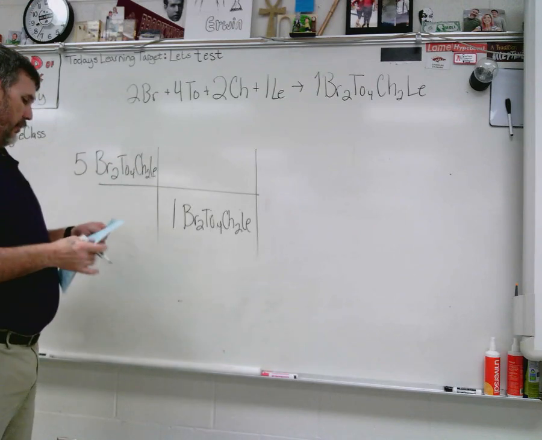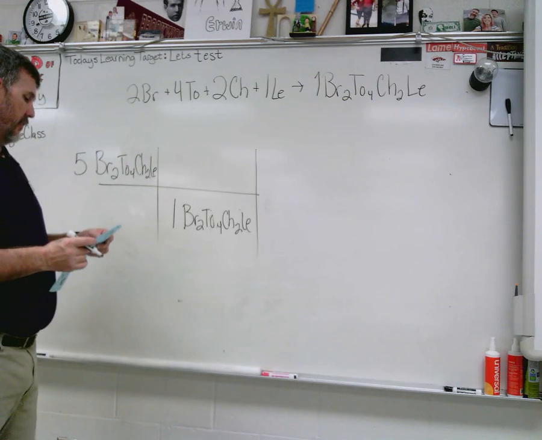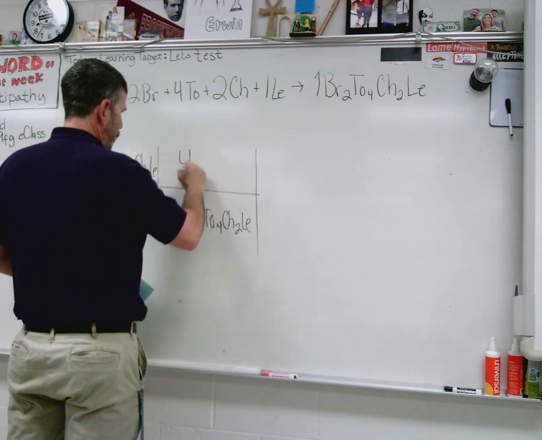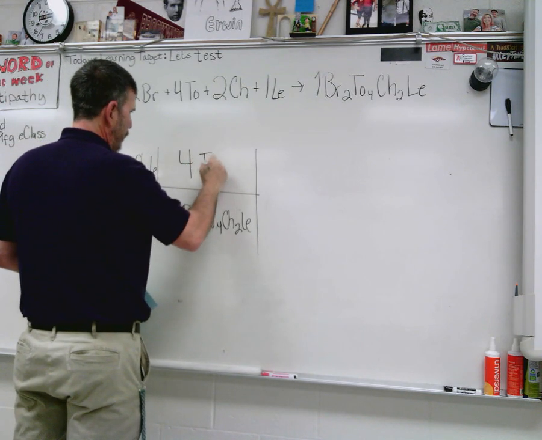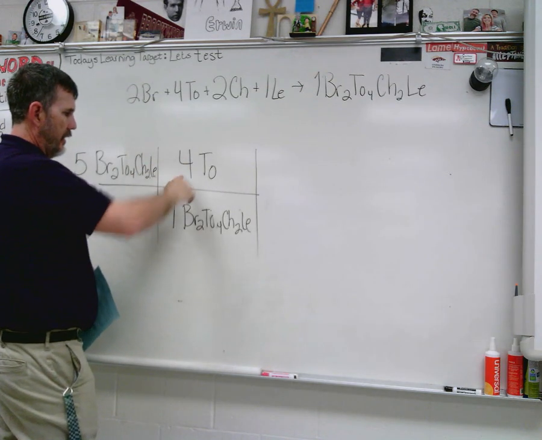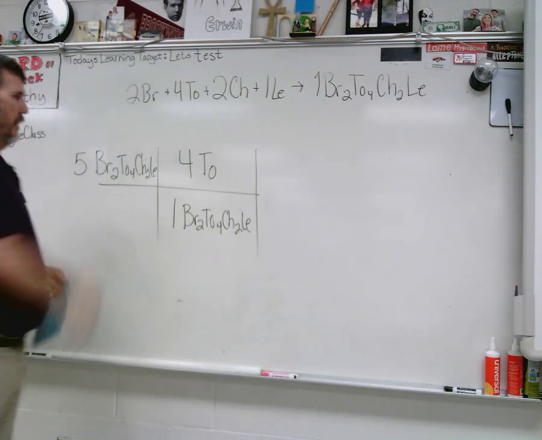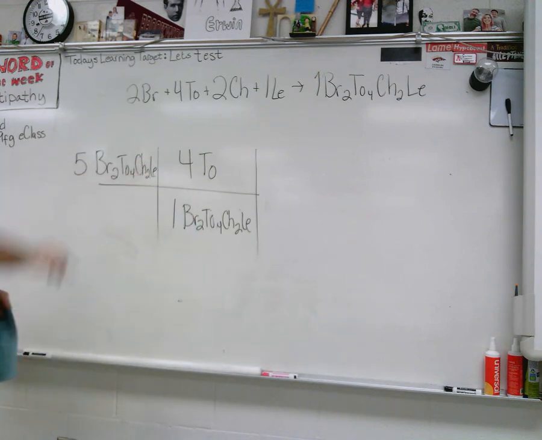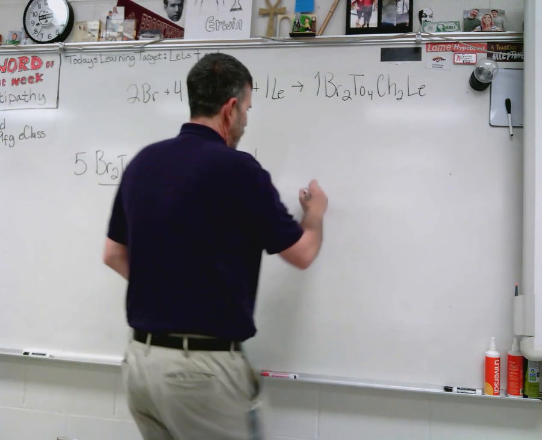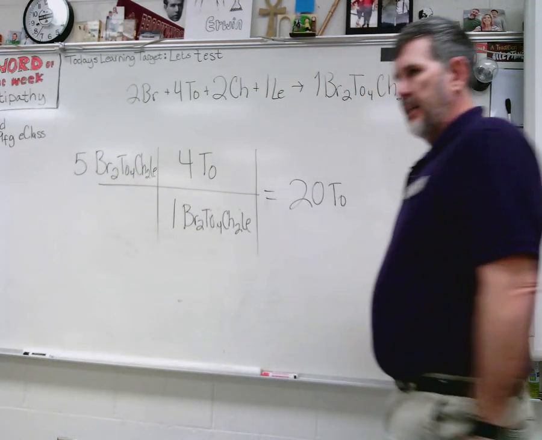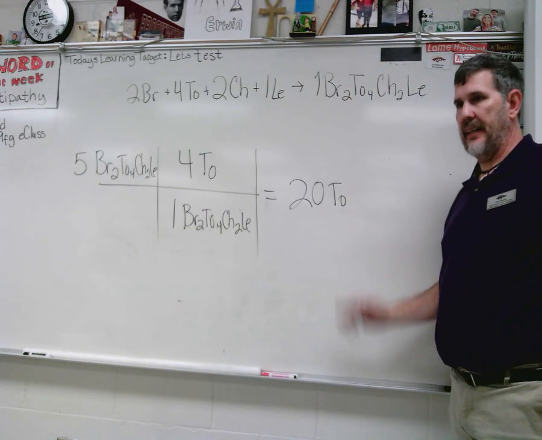Here they have you figuring out tomato, cheese slices, lettuce. Let's just do tomatoes. I need 4 tomatoes, right? 4 coefficient right there to make 1 coefficient right there to make 5. So I know that 5 times 4 is 20 tomatoes, 20 tomato slices. And that's how we're going to use dimensional analysis.